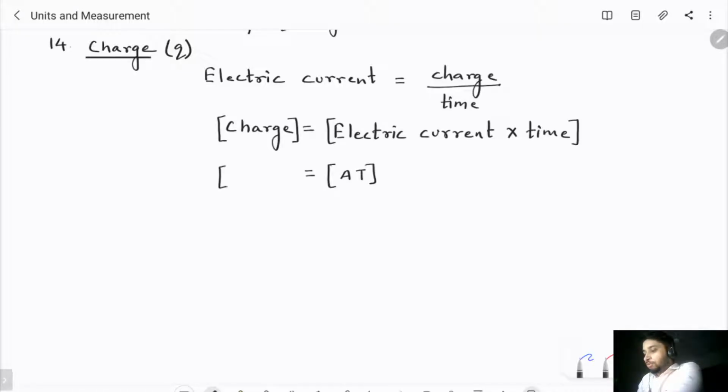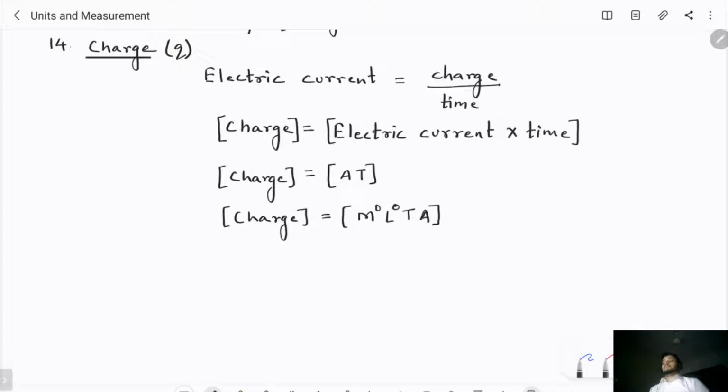So the dimensional formula for charge, in the short form we can say A into T, or in the standard form if we want to represent, then it becomes m to the power 0 L to the power 0 T into A. Fine.